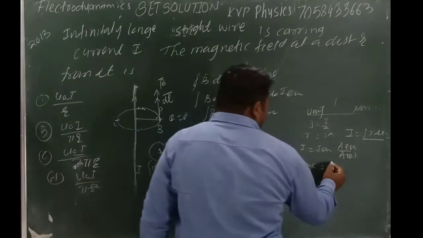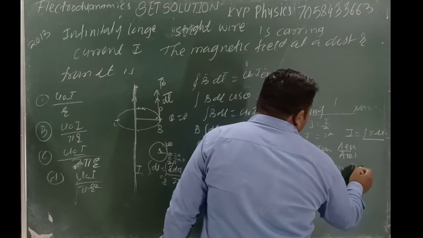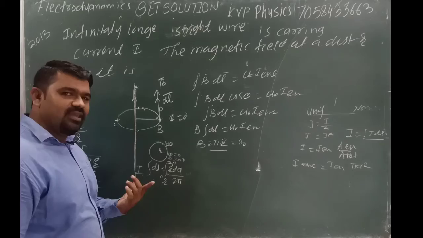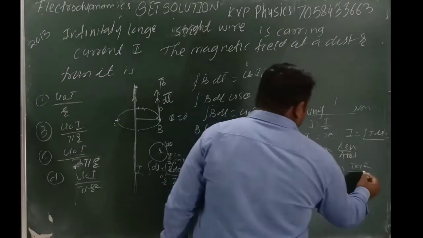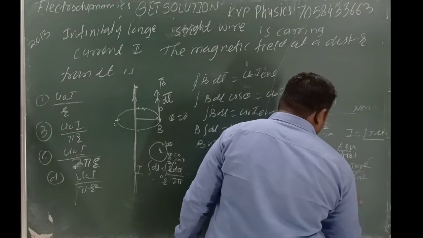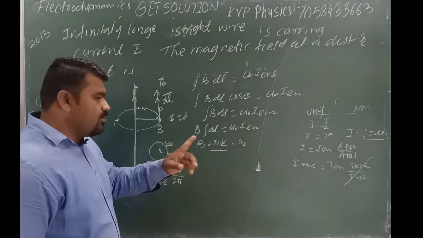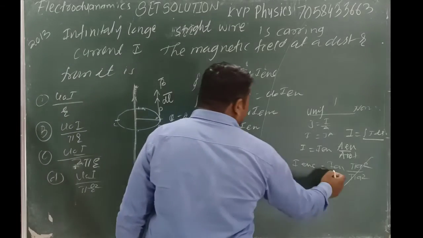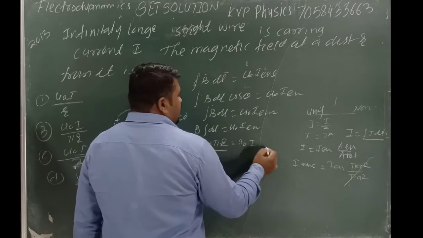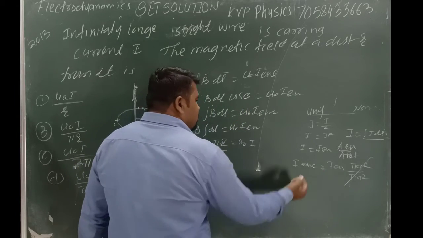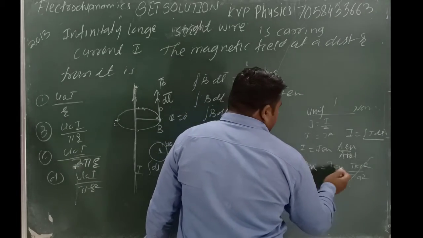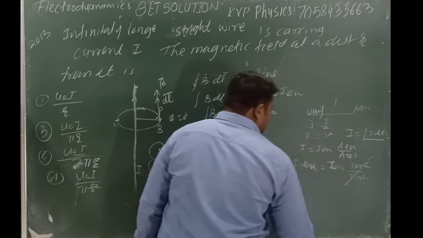So the numerator is pi a square, and the area of this wire, with a as the radius, is also pi a square. So pi a square gets cancelled, and I enclosed is equal to I.